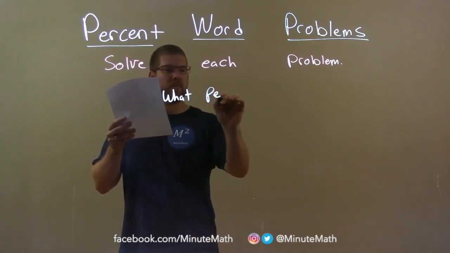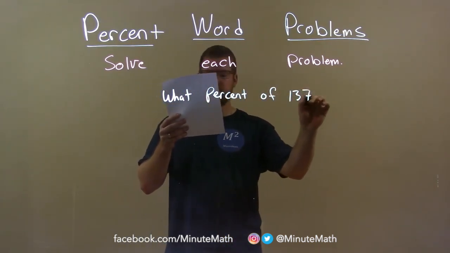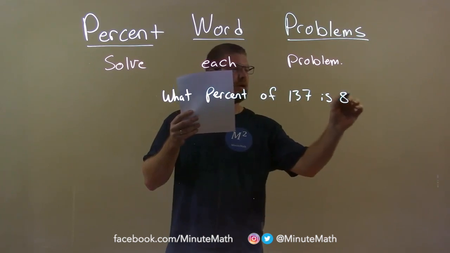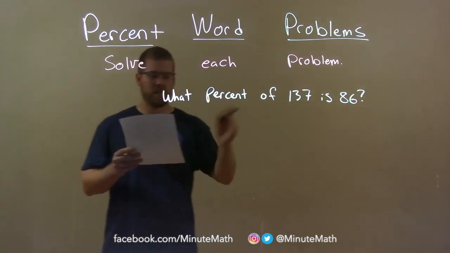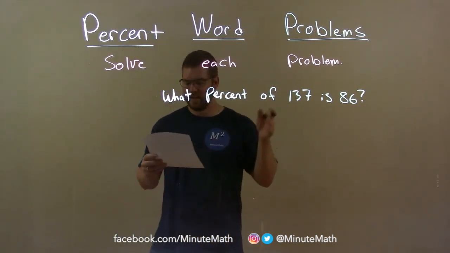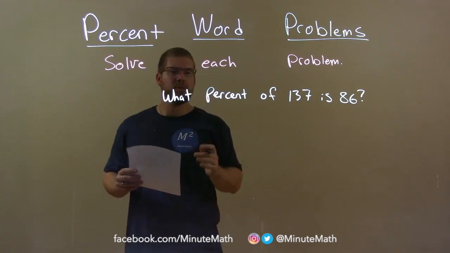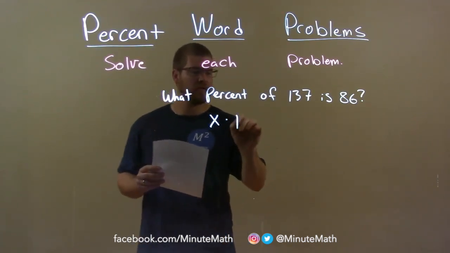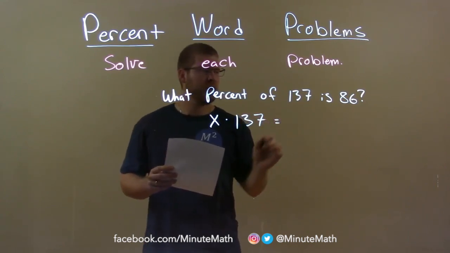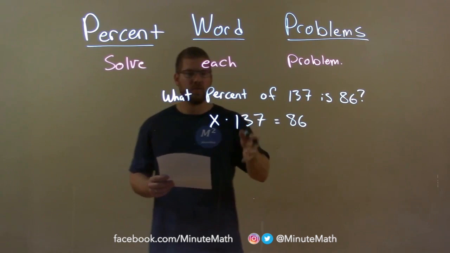What percent of 137 is 86? Okay, so what percent of 137 is 86? Okay, so let's write that as an equation here. Okay, what percent, x, of multiplication, 137 is equal to 86? Okay, so now let's go solve for x.